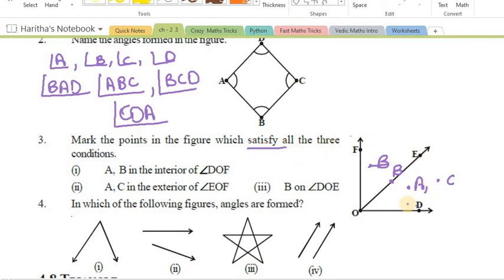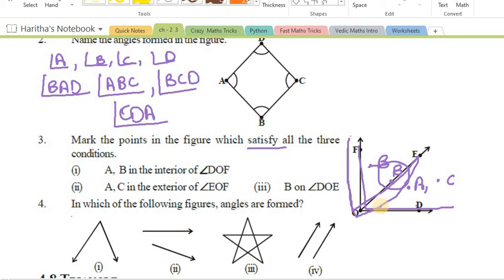So according to him, inside the whole DOF picture I should get A, B, and B should be there on this angle. So B is on this, A is also inside, and C is also inside, and he said that A and C should be the exterior of angle EOF. So that is outside, not only this side, or you can write even this also comes under exterior.